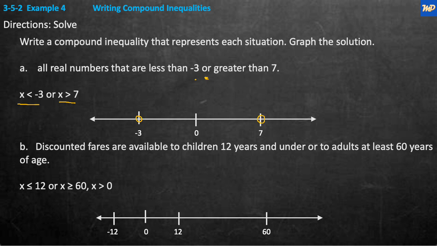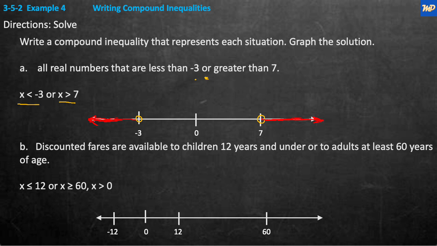And so our real numbers that we're solving for here, I'll go to red this time, have to be less than -3. So our solution is down here, forever to the left, and up here, forever to the right, because there's nothing to stop it. So our answer: x is less than -3, here's the less than -3s, and x is greater than 7, and here's the greater than 7s.